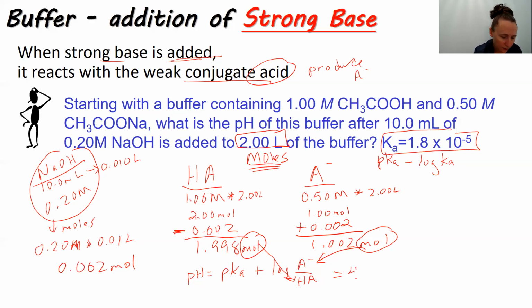So I have 4.745, be careful with rounding, plus the log of 1.002 over 1.998. And I get that the pH is 4.445.